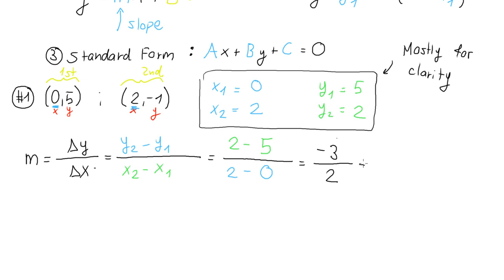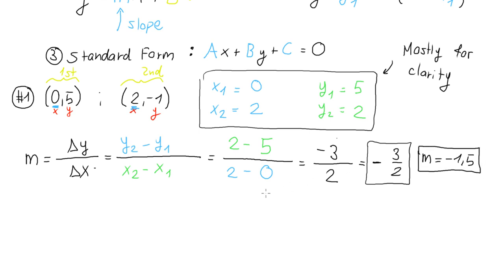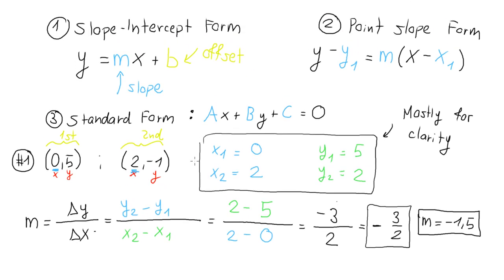I like to pull the minus sign out of the fraction. So we see that the slope is minus 3 halves, or we can also write it as m equals minus 1.5. Now, let's get the first form, the slope intercept form right here.